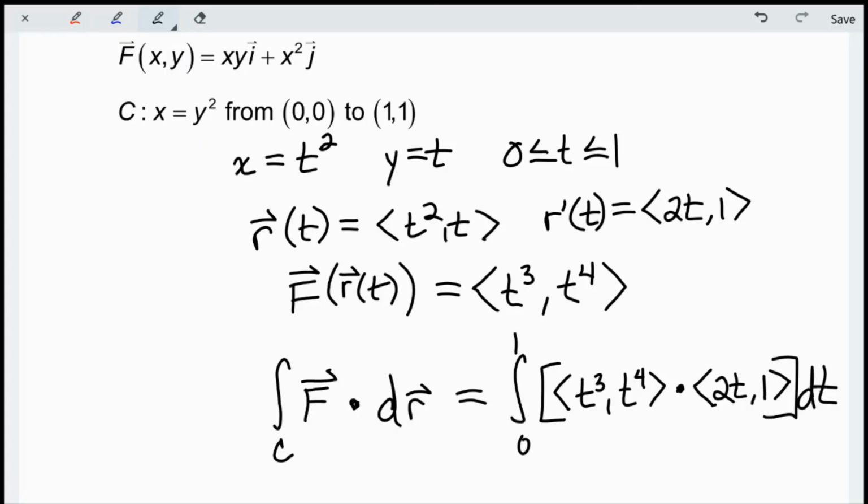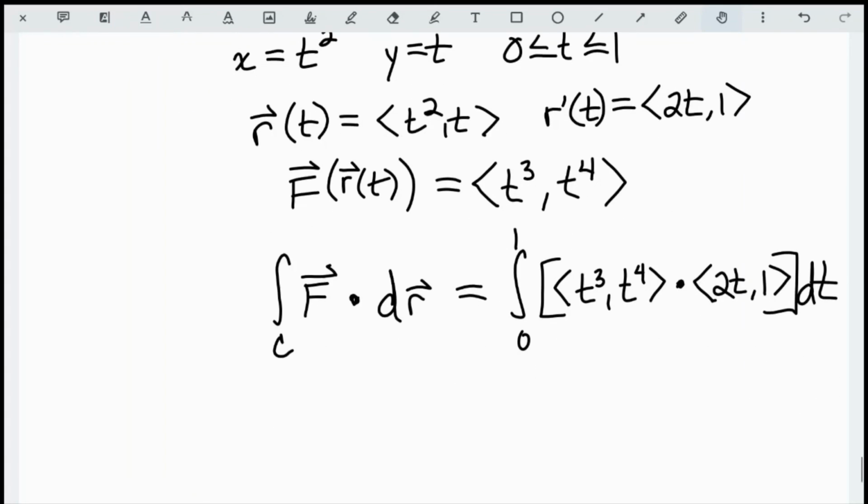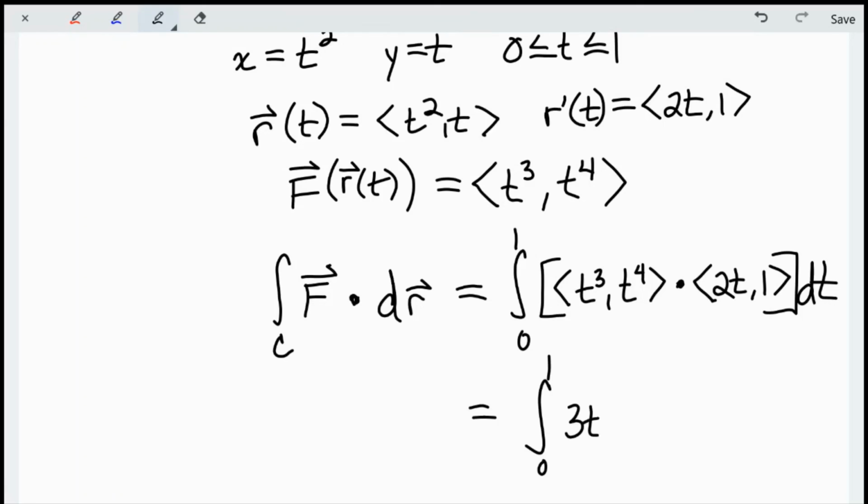And then from there, this becomes a really simple problem. So all I have to do now is get the result of that dot product, which ends up being 3t⁴. And I end up with 3/5.